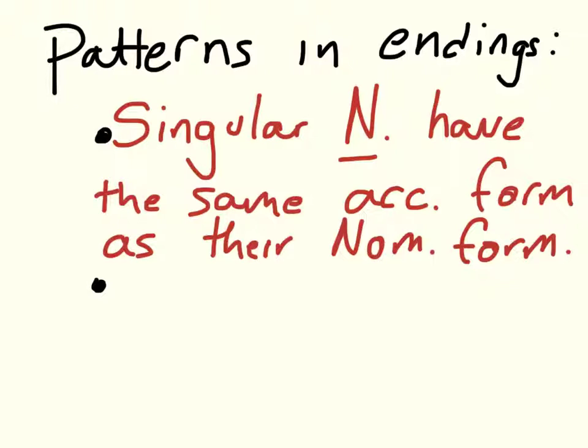Eventually you'll learn to pick up which nouns are neuter and make that assumption innately, but until then it'll take some time and it'll be a little confusing. So singular neuter nouns have the same accusative form as their nominative form, and so do plural neuter nouns.